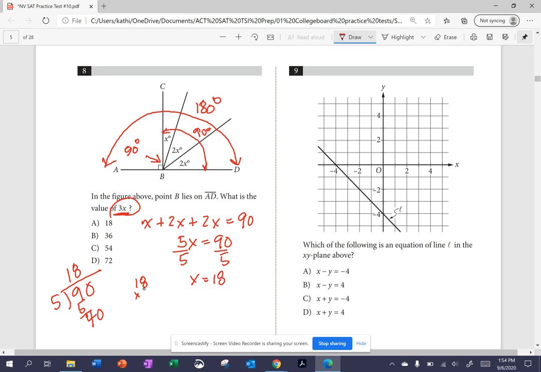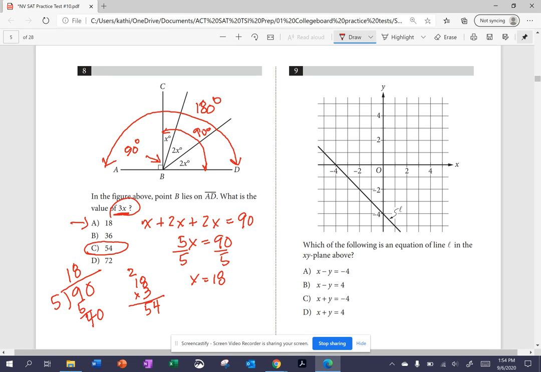So 18 times 3. 3 times 8 is 24. Carry a 2, so 3 times 1 is 3, plus 2 is 5. So 54. So make sure you answer the question. Notice it has 18 as an answer, but that's not what it's asking for, so make sure you answer the question.